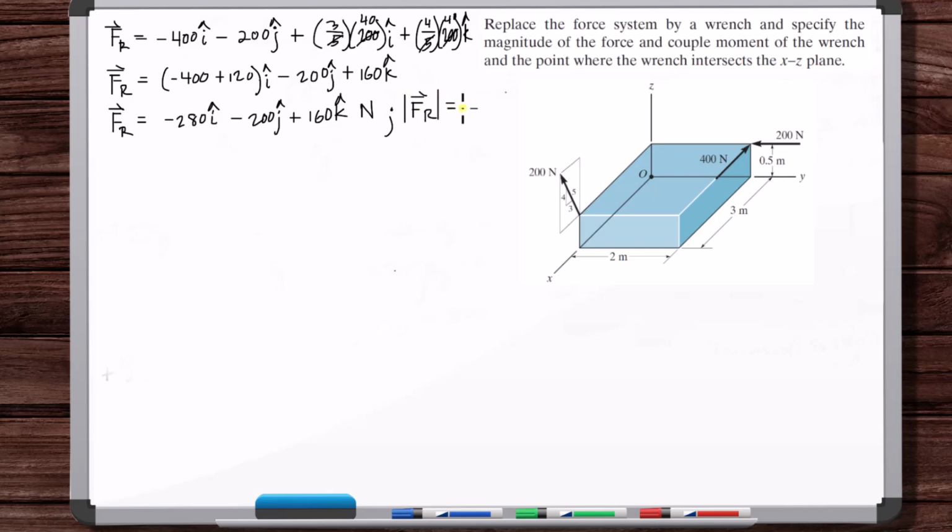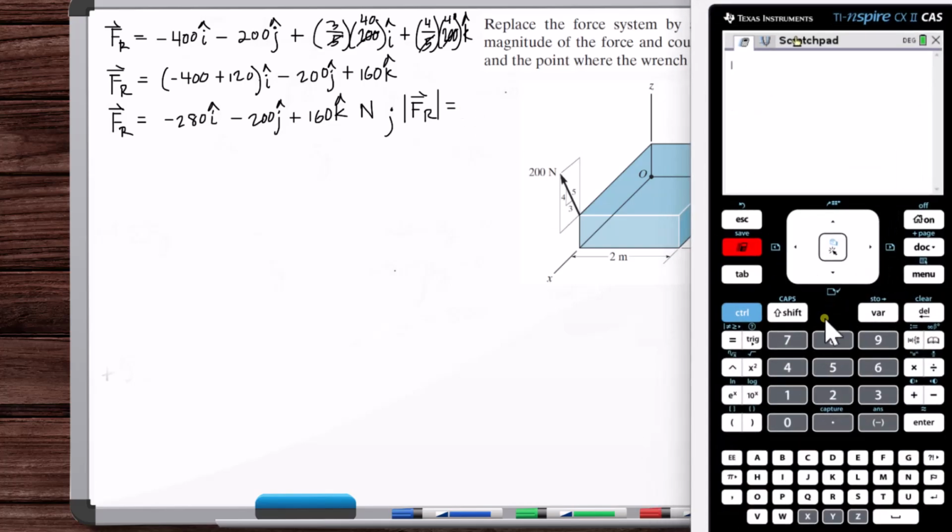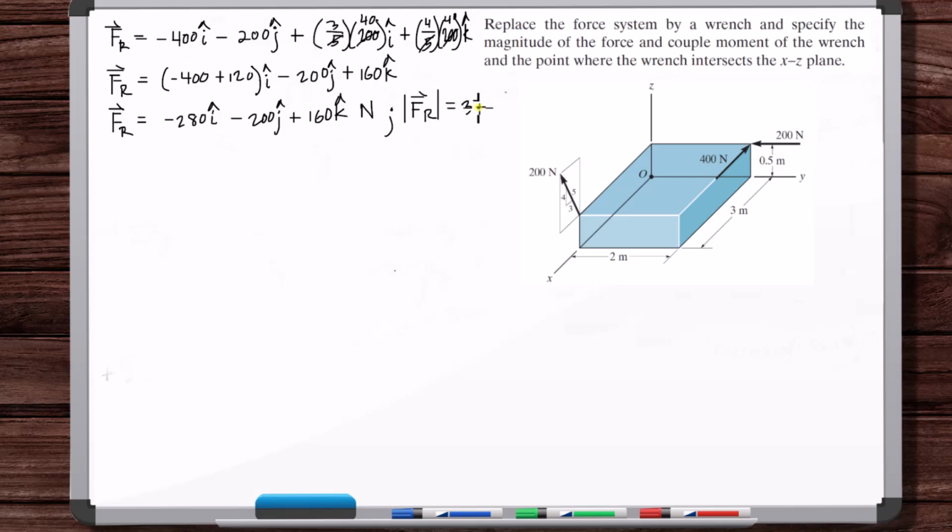The magnitude of the force vector is 379.5.